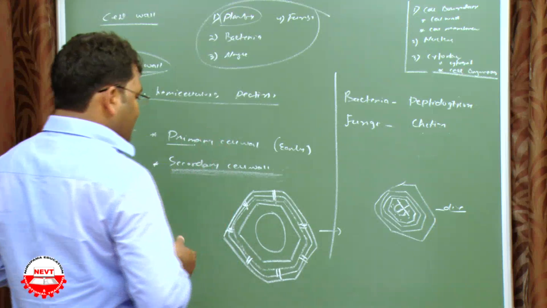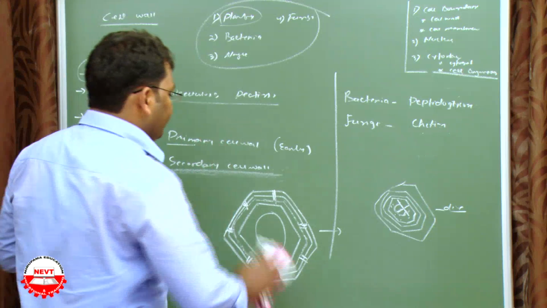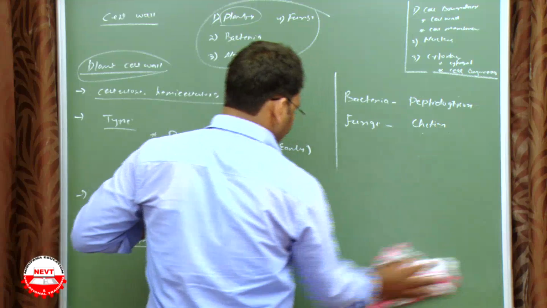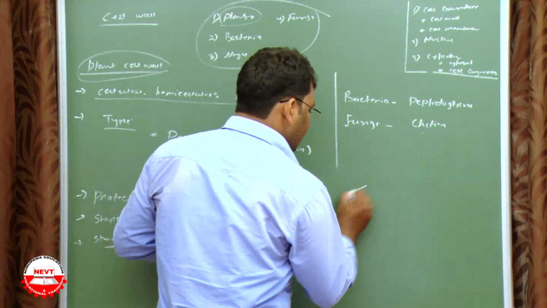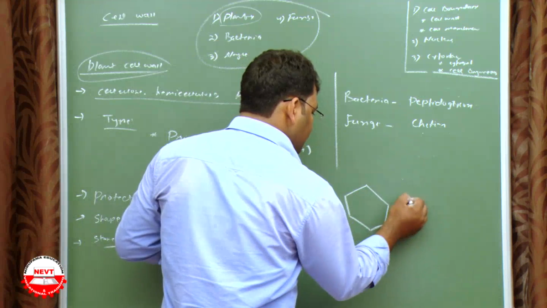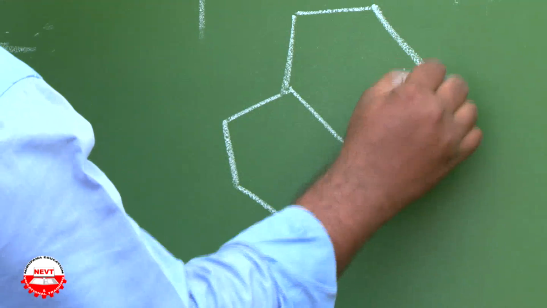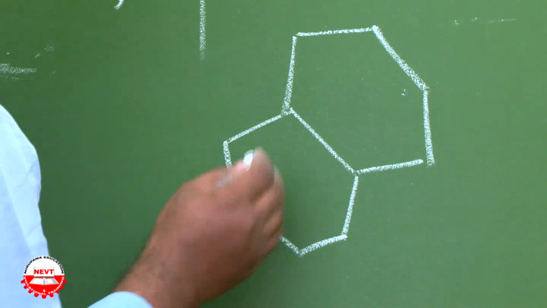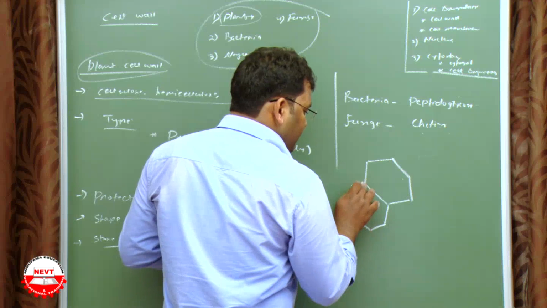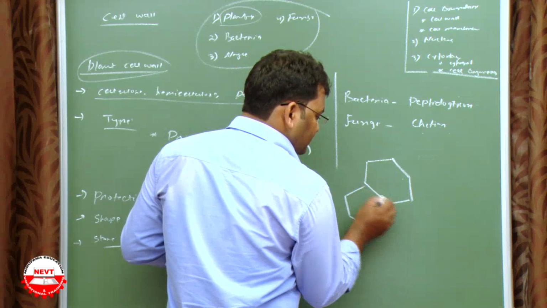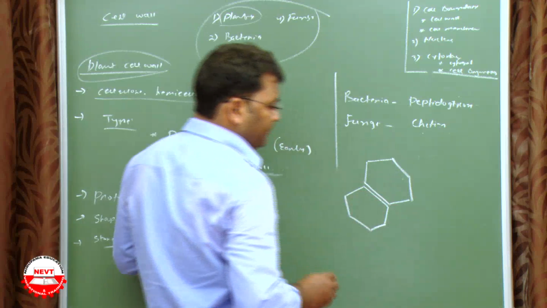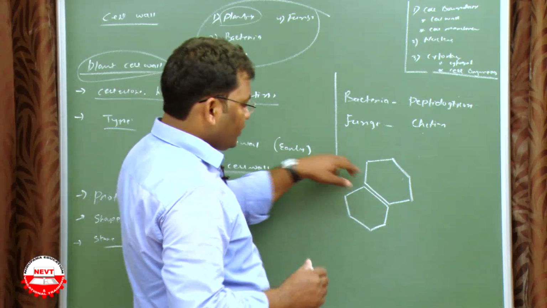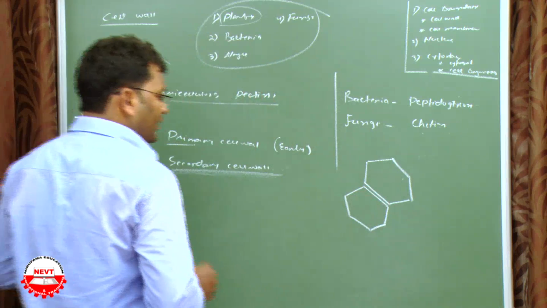So now we will discuss how cell and cell are connected in a plant. So this is one cell, this is another cell. Okay. So how are they connected? Always remember, there is a connecting material between them, which is called the middle lamella.